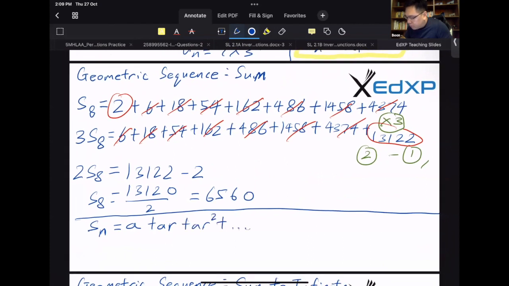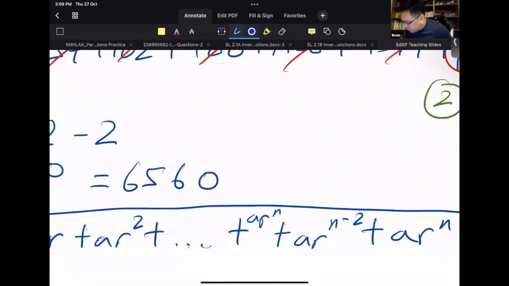And we're going to go to the Sn term, which is actually the general term, un. The last term is un for Sn. Then we have ar to the n minus 2, the term before it, and ar to the n minus 3, the term before that.